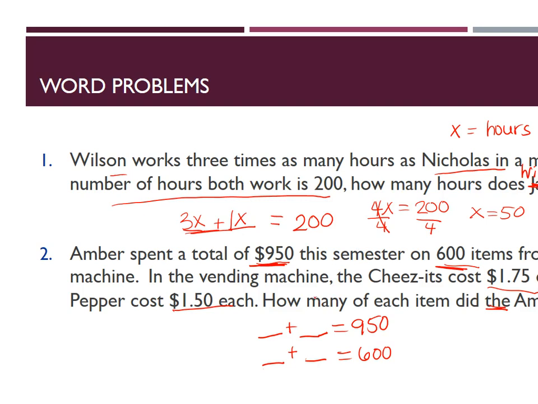So let's think of what our variables should be. So in order to figure out your variables, often you're looking for the unknown. So you're looking for what you don't know. And if you look at the last question, a lot of times that will tell you what you don't know. It says, how many of each item did the Amber buy? So I need to know the number of Cheez-Its.